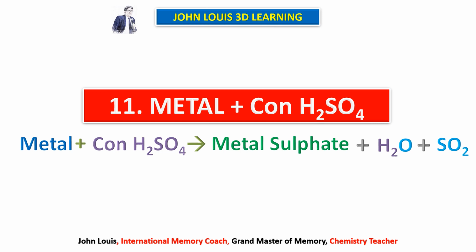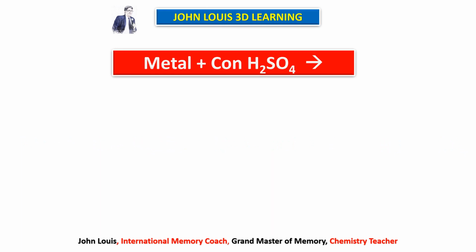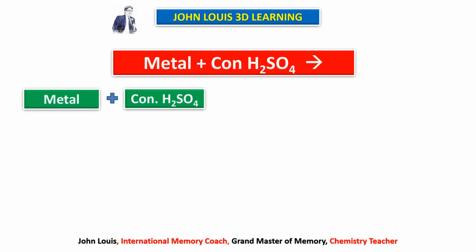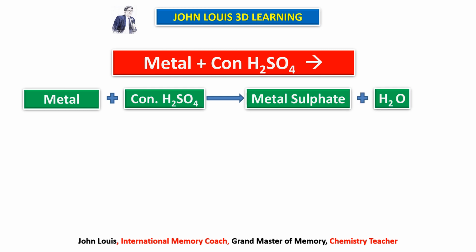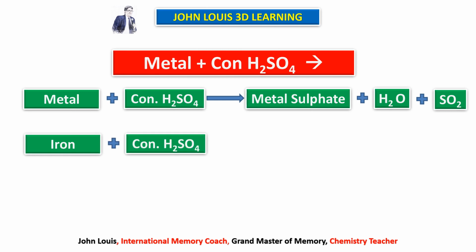Is it clear? Okay, now let's see some examples. The first example is metal plus concentrated sulfuric acid gives, what is the rule? Metal sulfate plus water plus sulfur dioxide. Now the first example is iron. So you take iron plus concentrated sulfuric acid. Again here iron has two different valencies, 2 and 3.